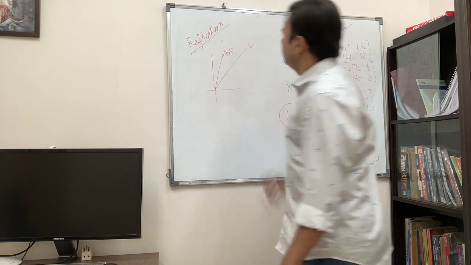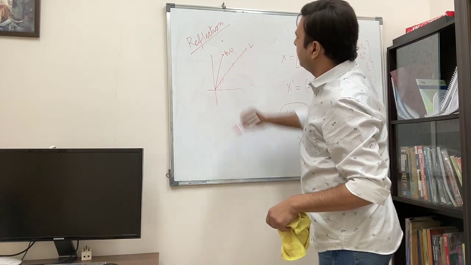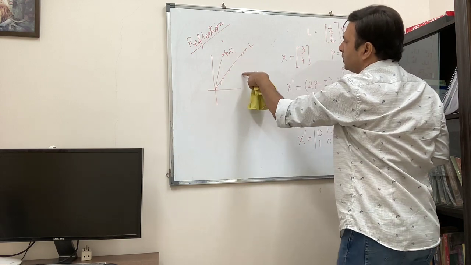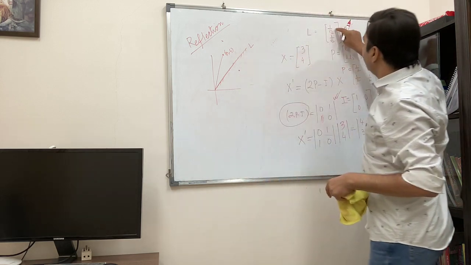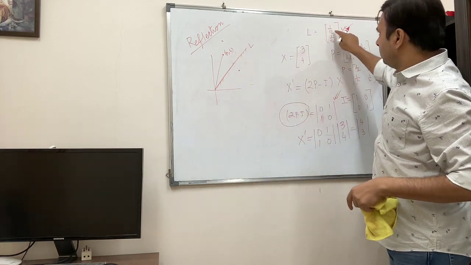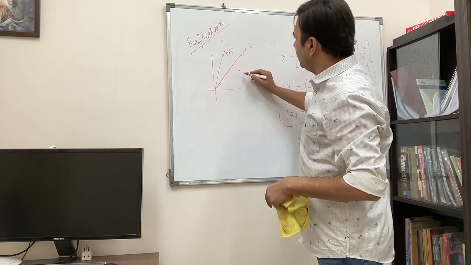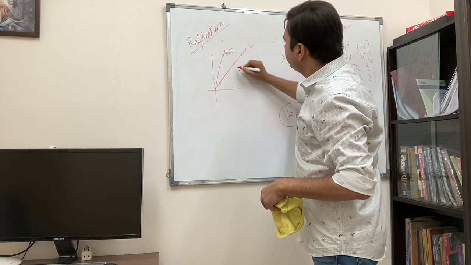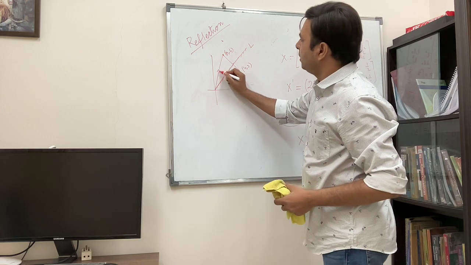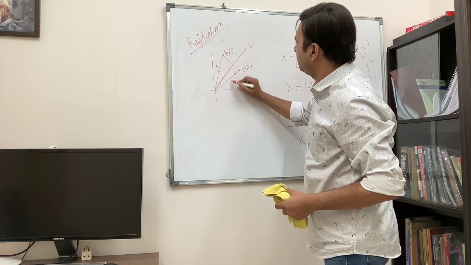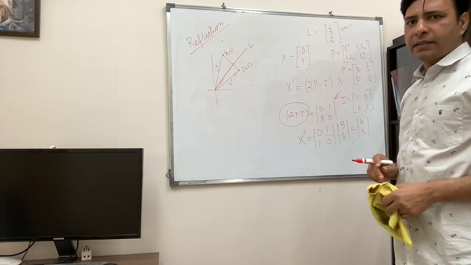If this was the mirror, and you take the image of this point, it should be somewhere here. On this line, x and y are the same, because my L line was created the same way, x and y were the same, so this was 45 degrees. If you take an image of this it will be at 4, 3. So that is what you get in the end. So this was the original vector x, and this is the vector x dash. Are we good? Is it clear now?